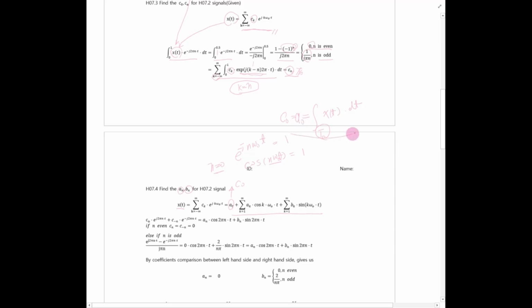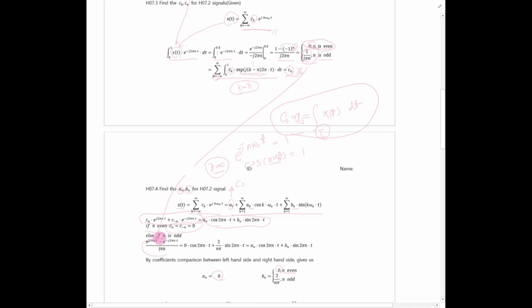So n equals 0 is a special case, except that we can express the Cn and Bn like that. If n is even, then it's 0. So in that case, An and Bn are 0. So in case n is even, Bn is 0, and an is always 0. If n is odd, then we can use this result here.